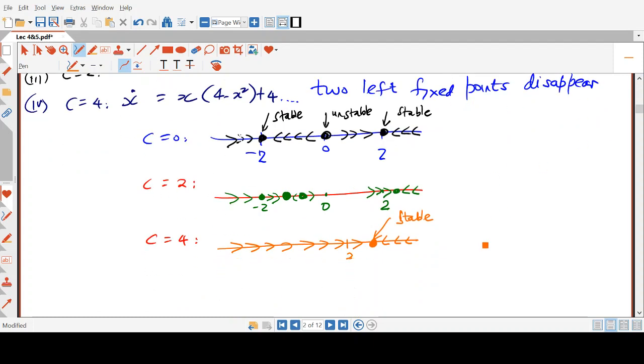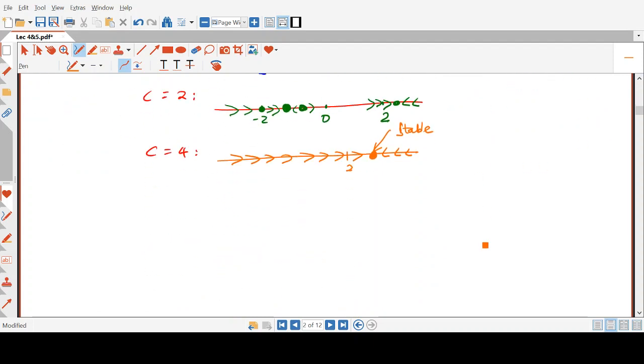Okay, so that brings me to the definition then. What do we mean by bifurcation point? A bifurcation point is a parameter value that causes the fixed points to disappear. So the definition: there are two aspects.